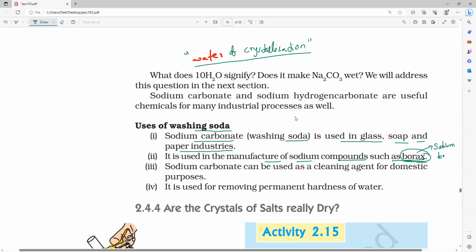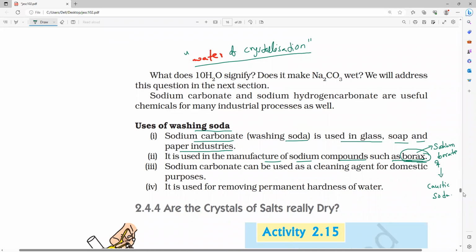Sodium borate. Okay, and washing soda is also used in the manufacturing of caustic soda. Manufacturing of what, everybody? Caustic soda. Remember that. Please write it.